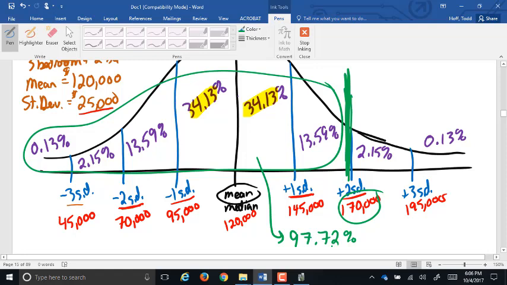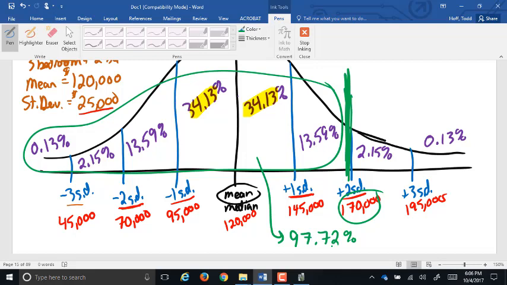So that is telling you 97.72% of all 3-bedroom, 2-bathroom houses that have sold in that area in the last period of time sold for less than $170,000.